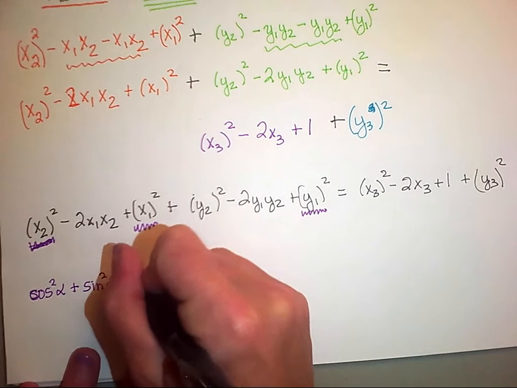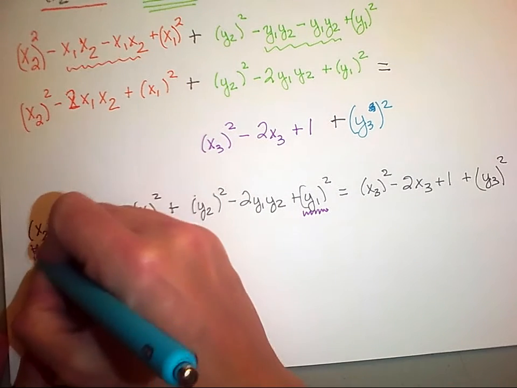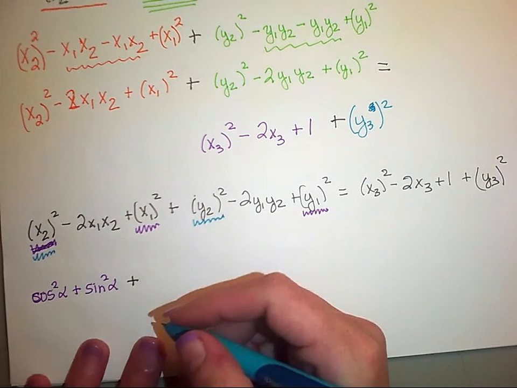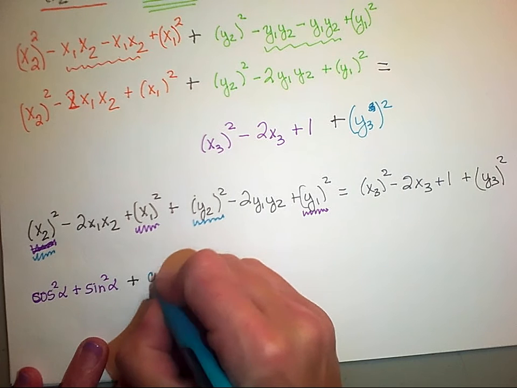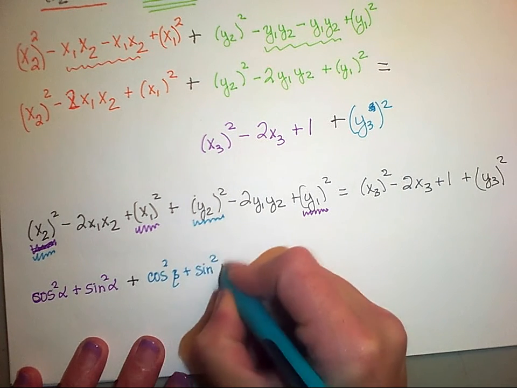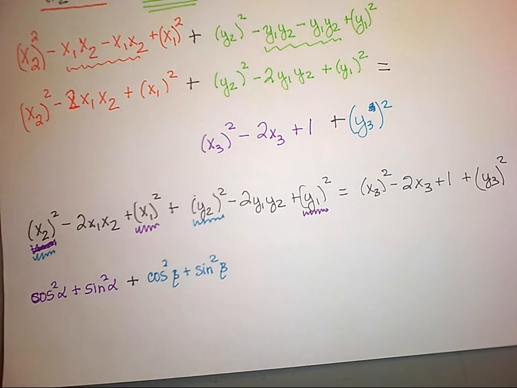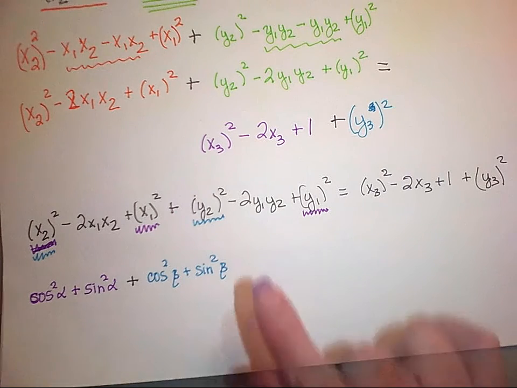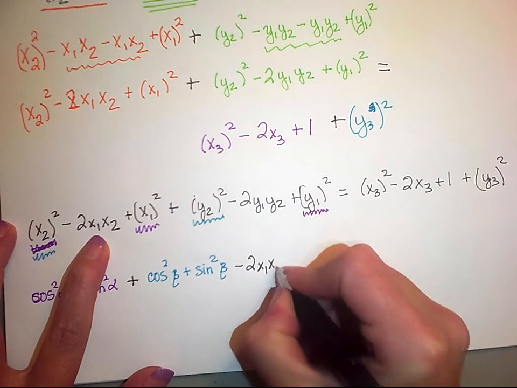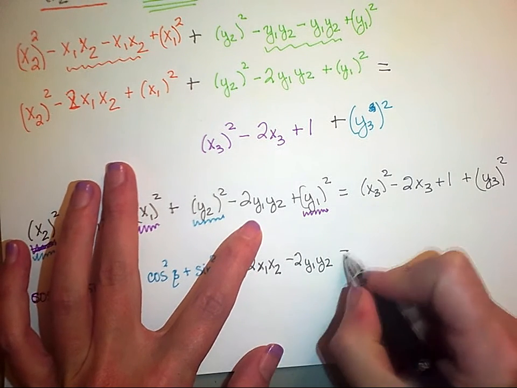Now, plus, let's see if we can find some others. If we had an x2 squared with a y2 squared, which we have here, x2's were associated with beta. That's the cosine squared of beta plus the sine squared of beta. Now, these aren't like terms, so we'll just have to bring them down: minus 2x1 x2 and minus 2y1 y2.